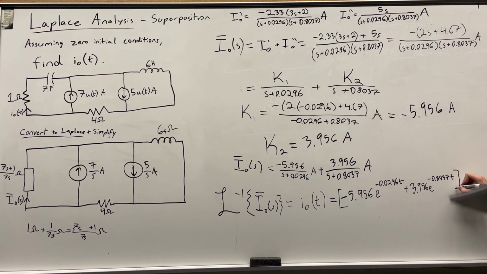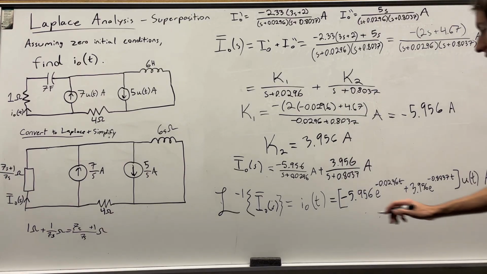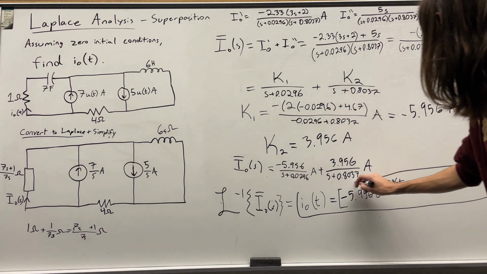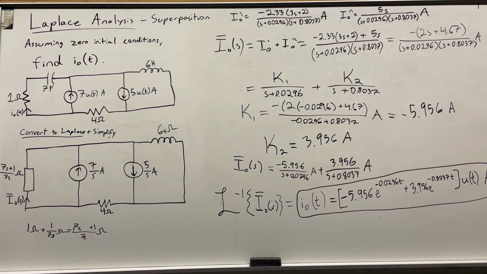Close the bracket, and then that is all multiplied by the unit step function u of t, and it's all in units of amps. So there's our final answer. I naught of t equals negative 5.956 times e to the negative 0.0296 t plus 3.956 e to the negative 0.8037 t, all multiplied by the unit step function.